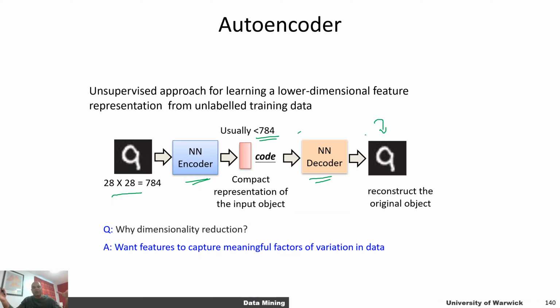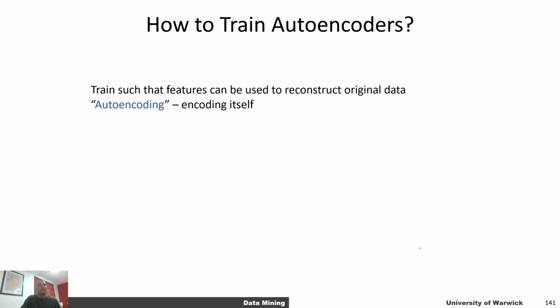We want to minimize the error between the reconstruction and the original target, and we can use this dimensionality reduction to capture meaningful factors or variations in the data. So we want those features that essentially auto-encode the given examples and allow reconstruction.